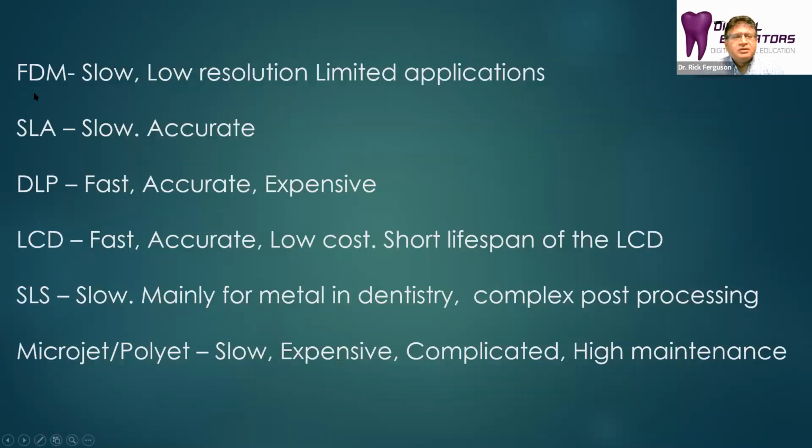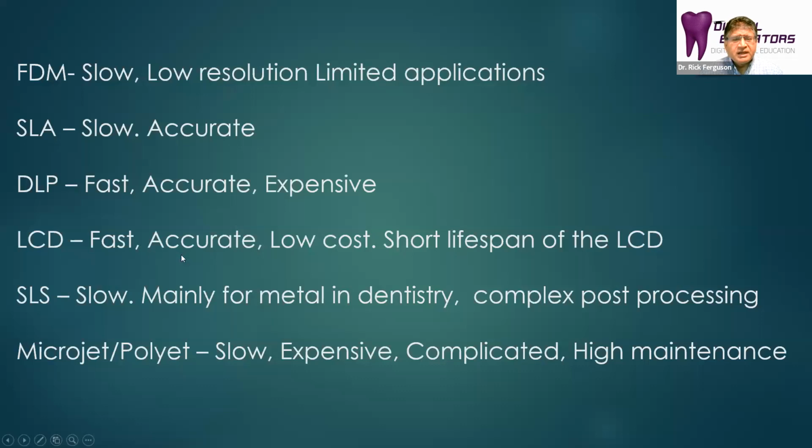So just to summarize, FDM: slow, low resolution, limited applications. SLA: slow but accurate. DLP: fast, accurate, but tends to be a little bit more expensive because the DLP projector is more expensive.